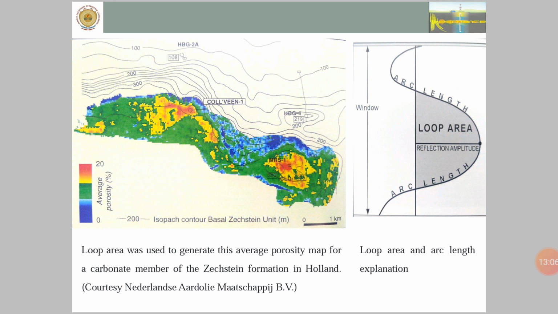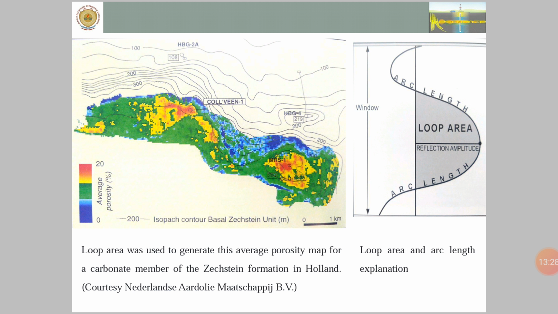The average porosity gives an idea of how much porosity is there in the reservoir and how much it is hydrocarbon bearing. You also need to understand the effective porosity, and the attribute maps help you to understand whether the porosity is high or whether the porosity is low.